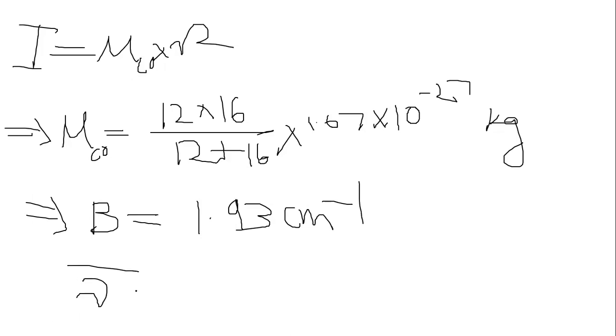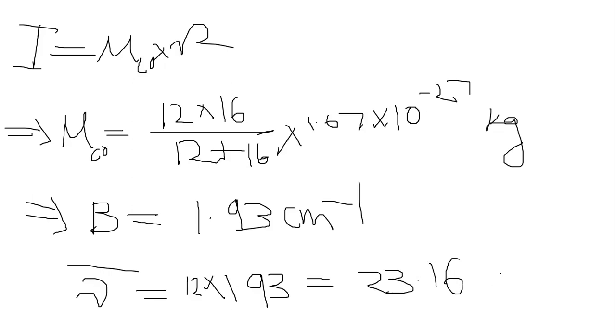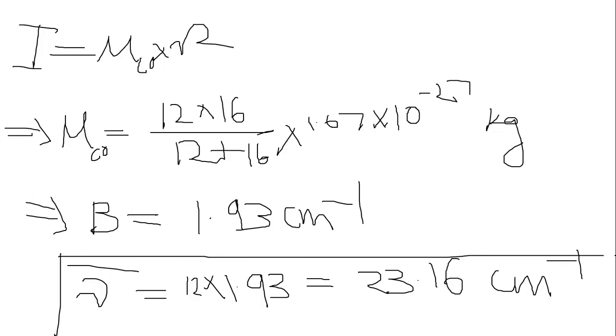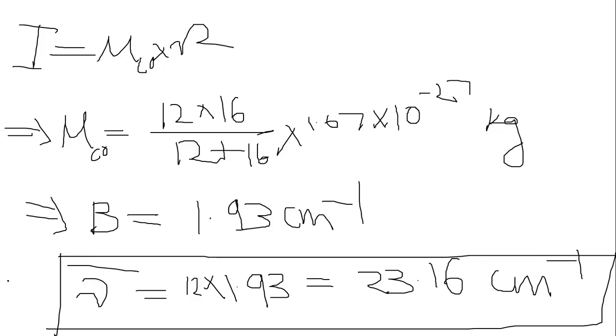So the wave number will be 12B, that is 12 into 1.93 centimeter inverse, that is 23.16 centimeter inverse. So this is the wave number of transition from 5 to 6. So is it clear to you?